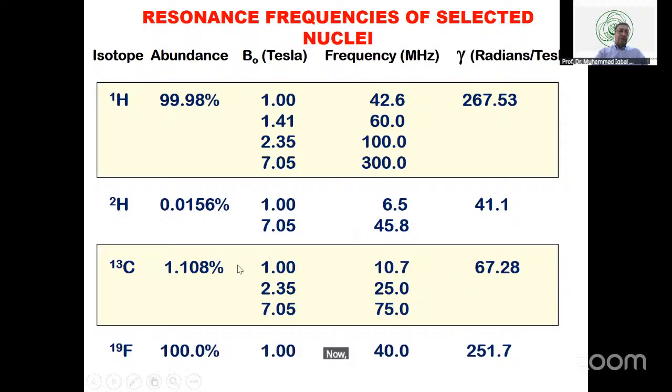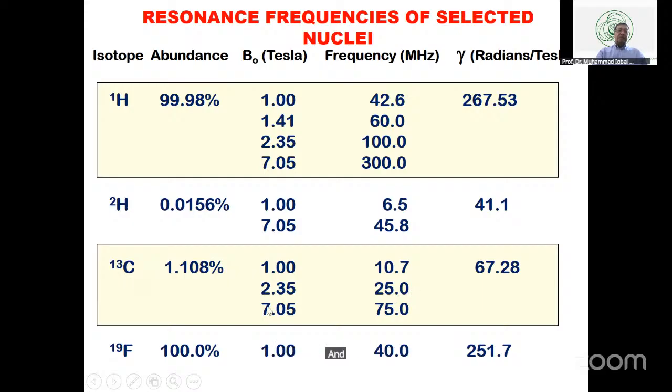Now, at the 1 Tesla machine, the Larmor frequency and radio frequency absorption on average is about 10.7 megahertz. At a 2.35 Tesla NMR spectrometer, this is 25 megahertz.